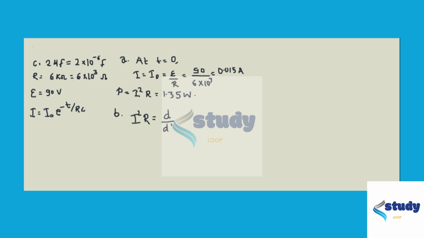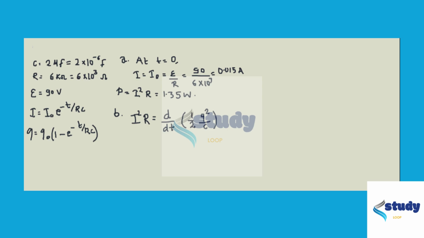Now, the energy stored is actually half of the charge in the capacitor squared upon capacitance, right? Now the rate is d by dt of that, where the charge also varies exponentially and is given as q equals q naught times 1 minus e to the power minus t by RC, where q naught is the full charge of the capacitor.